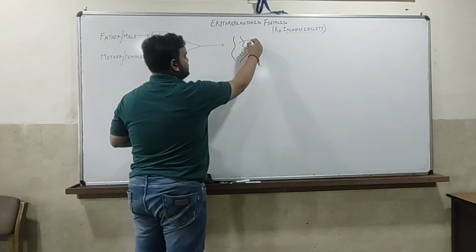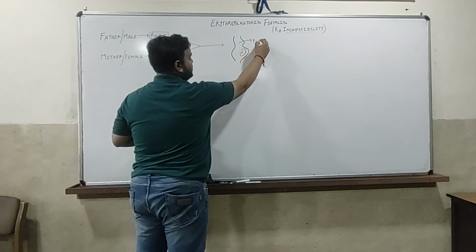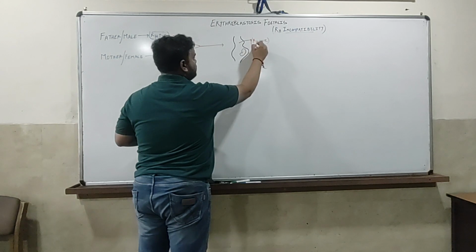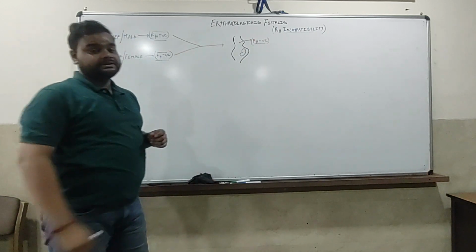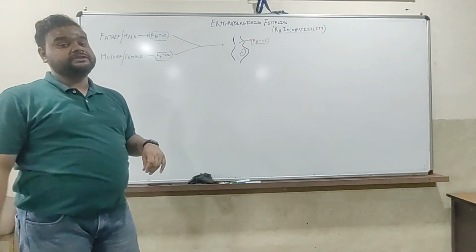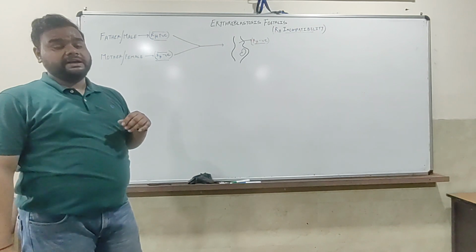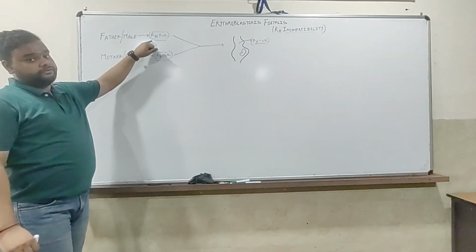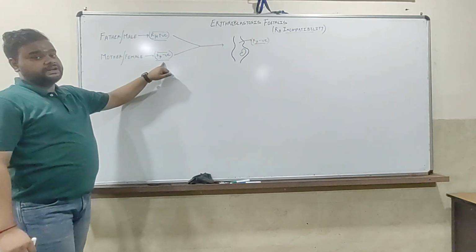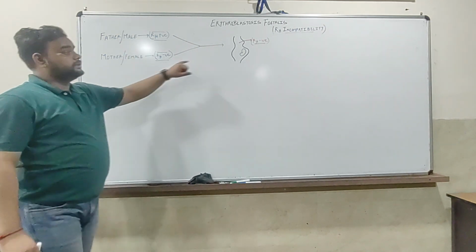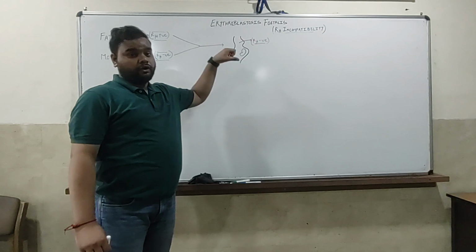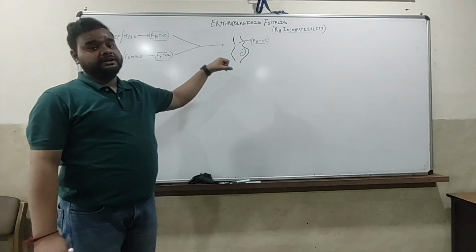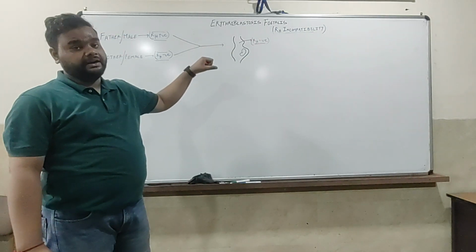The mother is Rh negative, but as we have discussed, the Rh positive gene is dominant over the Rh negative gene. So whenever an Rh positive man or father mates with an Rh negative mother, the child or the fetus will always have the Rh positive antigen dominant over the Rh negative antigen.